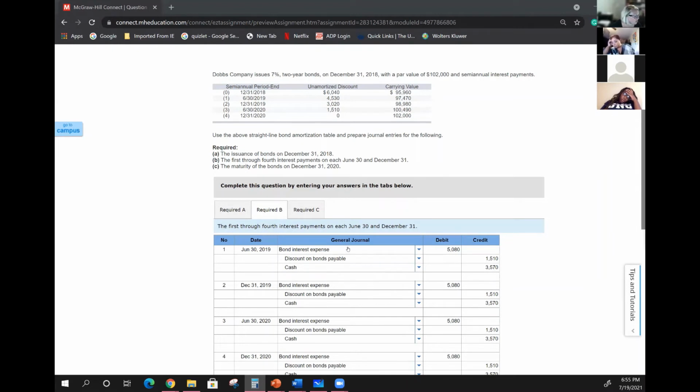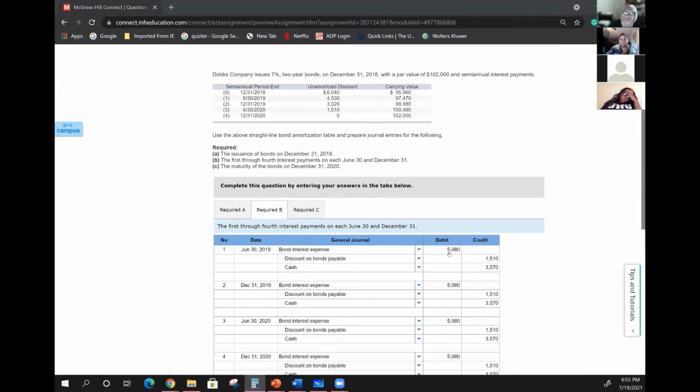The bond interest expense, so I need to take my 6,040, and I need to divide it by 4 payments. So it's $1,510. That's another credit, because remember when we set it up, when we sold it, it was a debit to discount on bonds payable. So we're going to have to credit it to reduce it, because we're reducing it as we go.